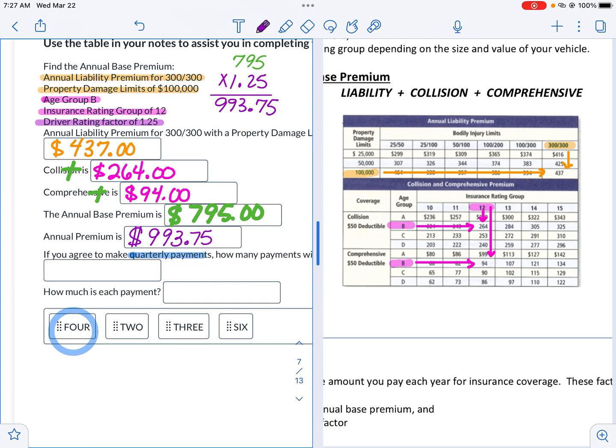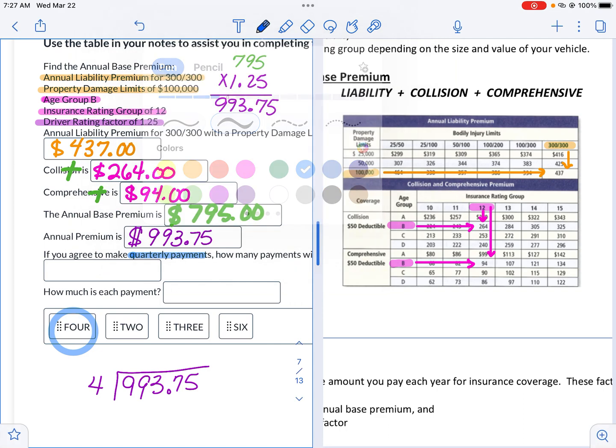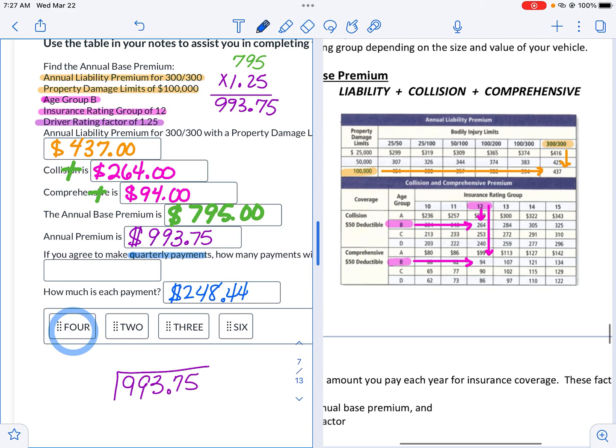So we're going to take the answer we just had, which was $993.75, and we're going to divide that number by 4 and find out that this person's insurance payment is going to be, nope, I wanted it to be blue. This person's insurance payment is going to be $248.44.